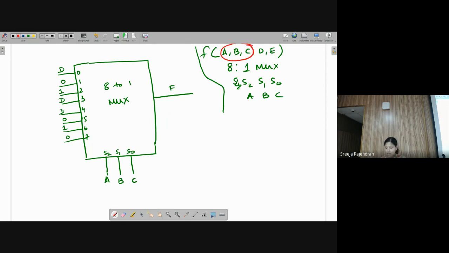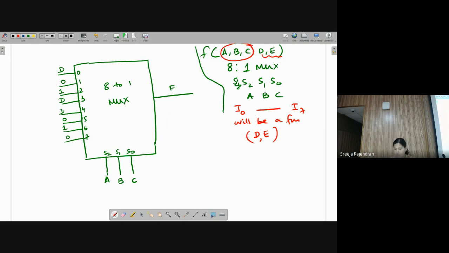D and E. So my inputs I0 to I7 will be a function of D and E, of both of them in some cases, maybe a single one in some cases. So you have to keep that in mind.